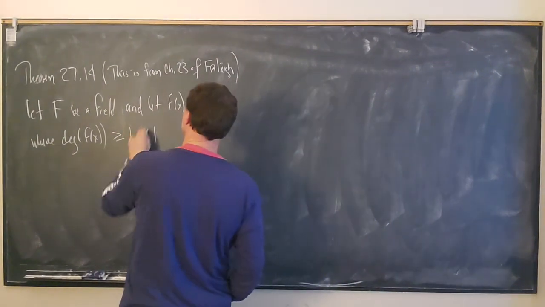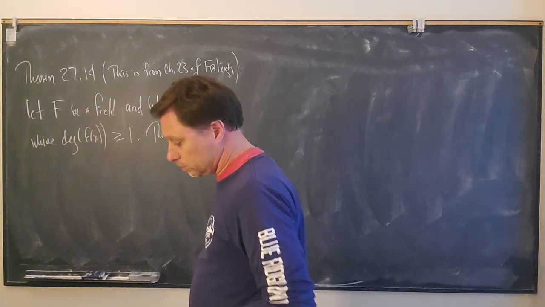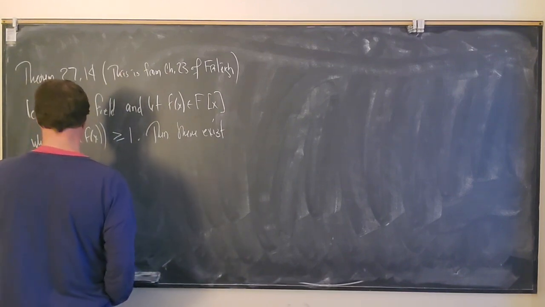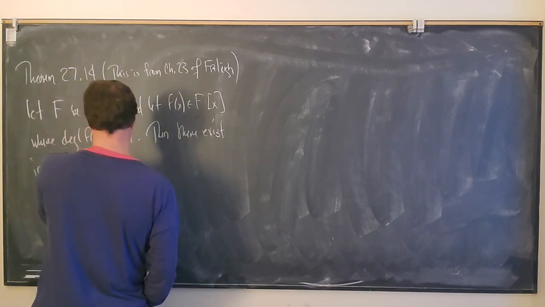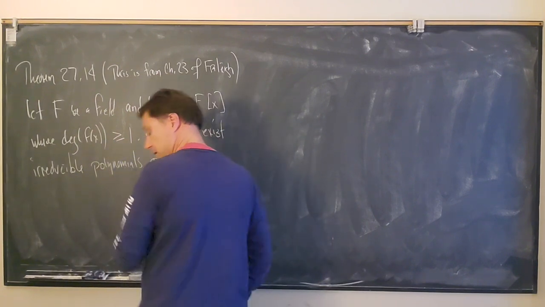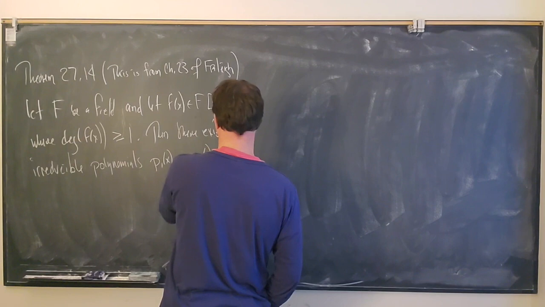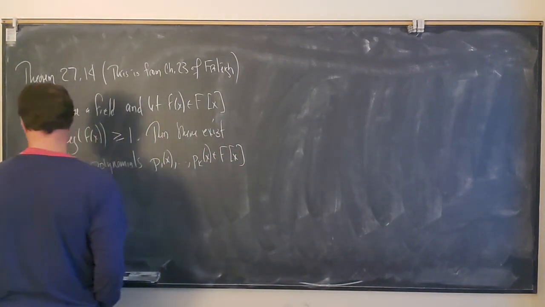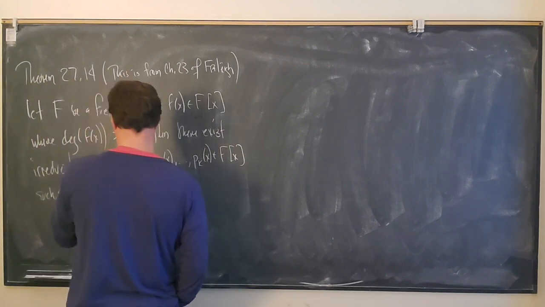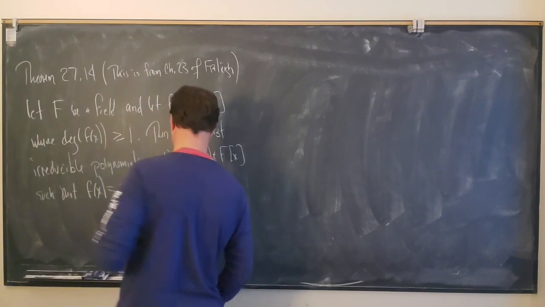Then there exist irreducible polynomials p1 of x up through p sub k of x in F bracket x, such that f of x is the product p1 of x times p2 of x through p sub k of x.